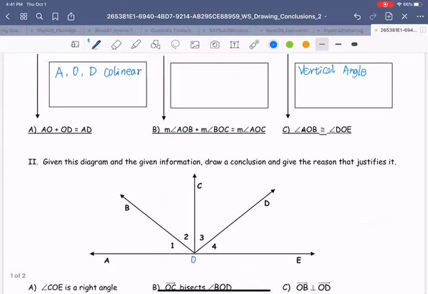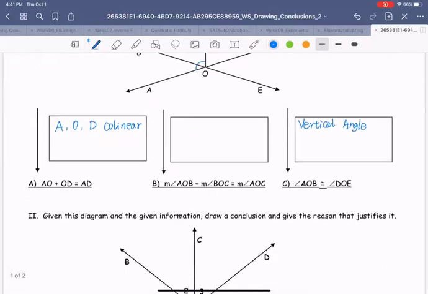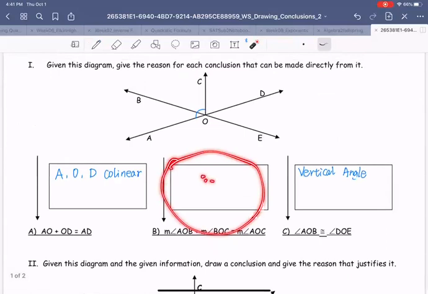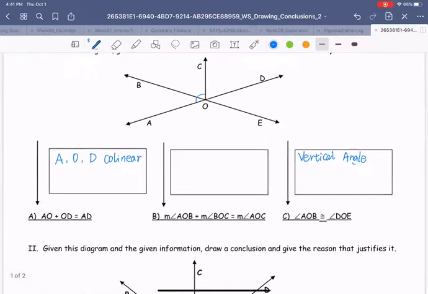And here, you want to do this one. What your school taught you here is called the angle addition postulate. Remember?